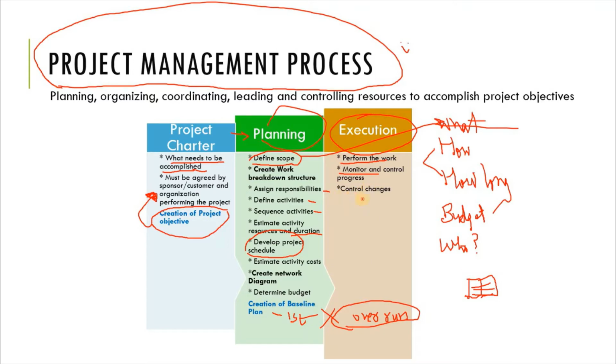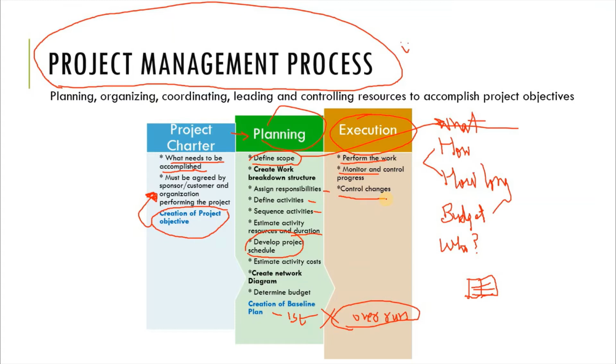The second thing is managing changes. As I said before, nothing goes as per the plan when it comes to execution. I mean, it might go, but there are a lot of things that don't go as per the plan, and we need to modify and incorporate those changes in the project to get the results that we want. But we need to make sure that all changes are controlled.